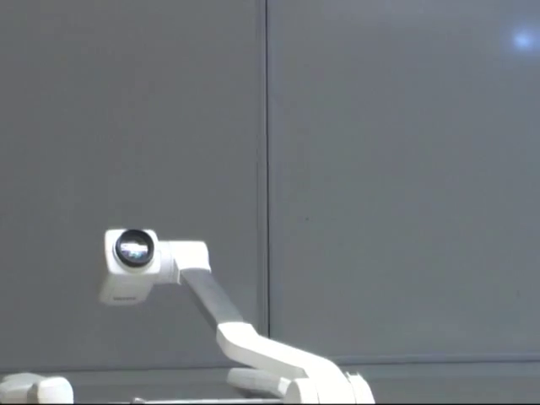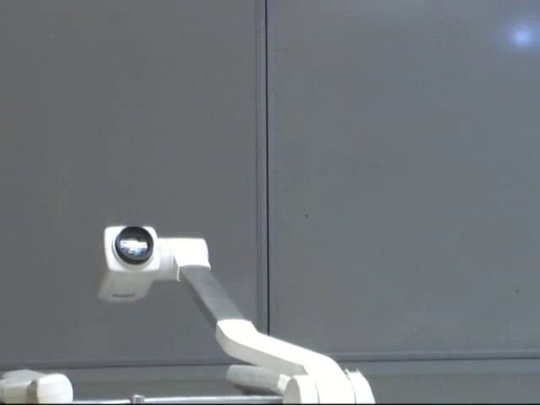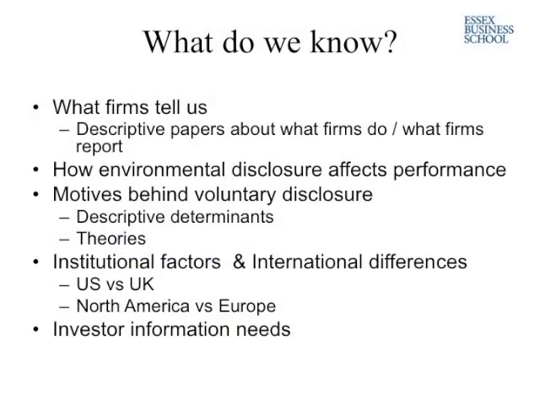So moving on to the first item, what do we know? Well, we know quite a lot about what firms choose to tell us. There are a lot of descriptive papers that report on what firms tell us.